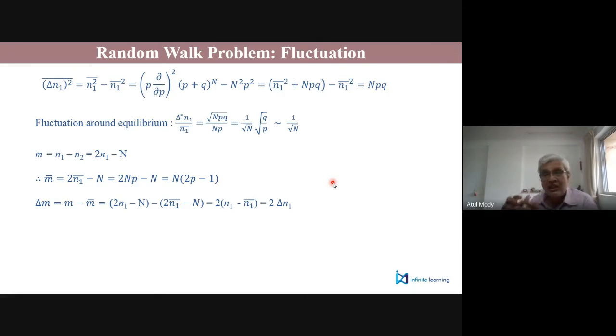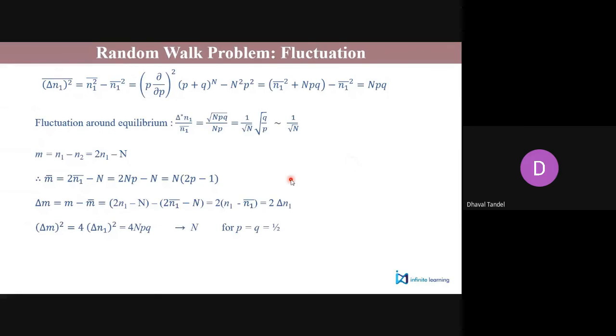So variation in advancement for a drunkard in forward direction, in this case, is 2 times delta N1. Whatever is your delta N1, whatever is the possibility of variation, the number of steps advanced in forward is double. Fluctuation is double, of course, variation is double.